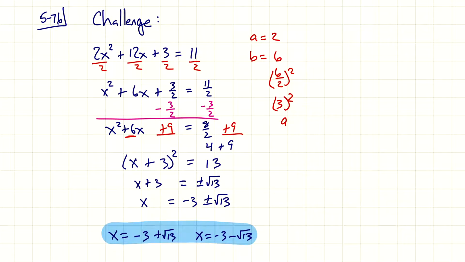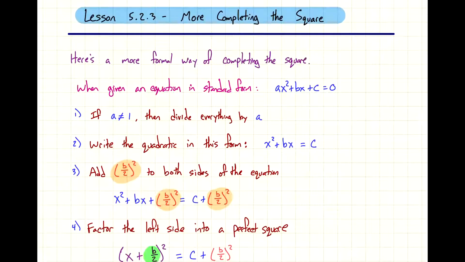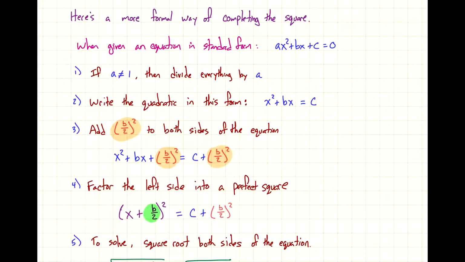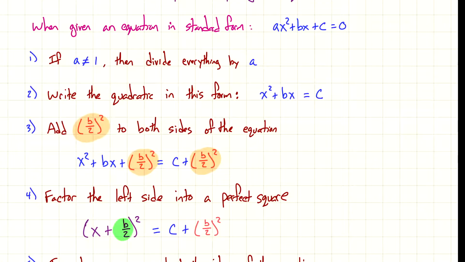All right, so we've covered completing the square. Just to kind of review, let me go back. There's our initial steps. You always want to check to see if that first number is a 1 or not. If it's not a 1, just go ahead and divide everything by that a value.